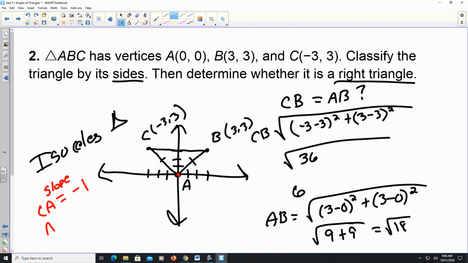If I look at the slope of AB, it's up 3 to the right 3, that is positive 1. Well, negative 1 and 1 are in fact opposite reciprocals of each other, so I can say that that angle is in fact 90 degrees. So in this particular instance, this is an isosceles right triangle.